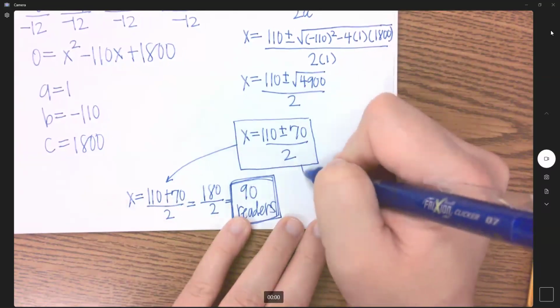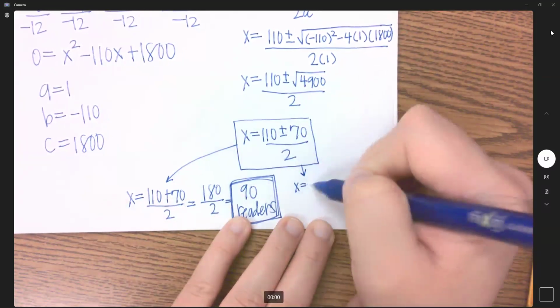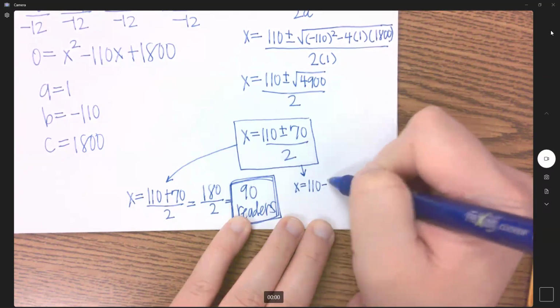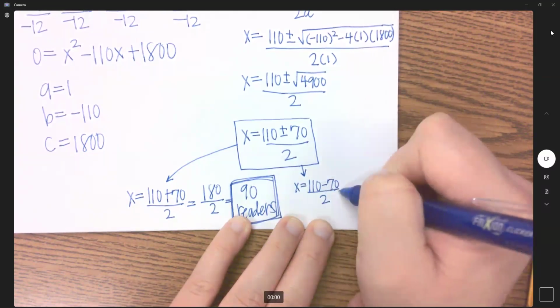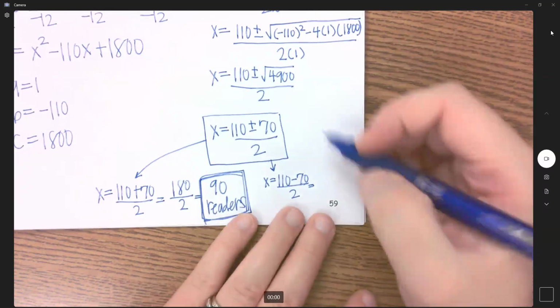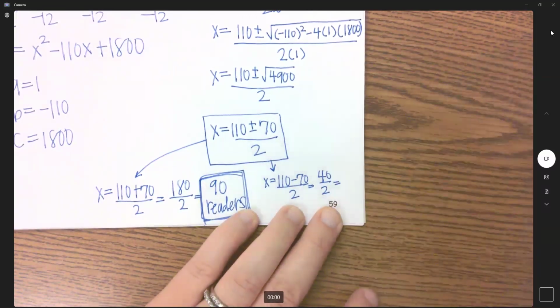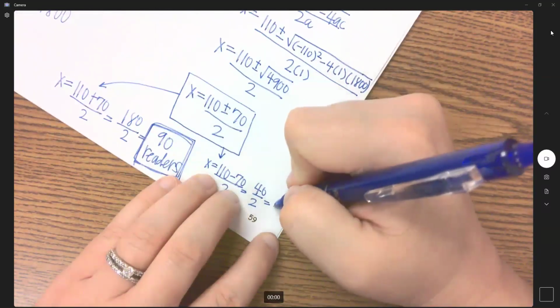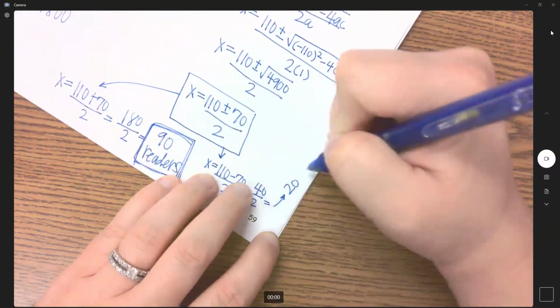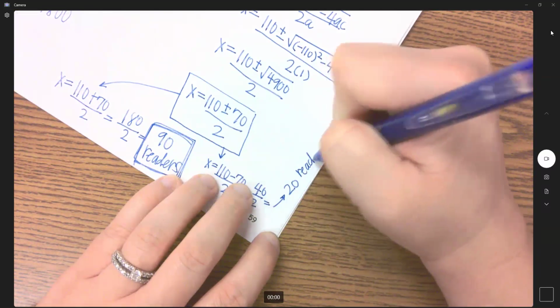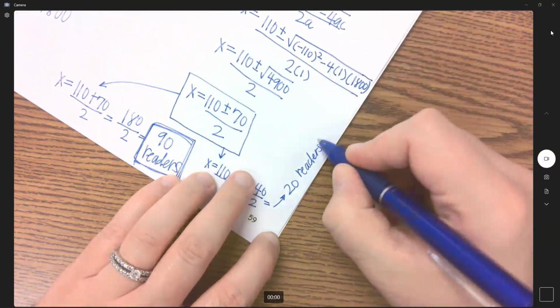Okay, or I'm going to squeeze this in here as best as I can. 110 minus 70 all over 2. So that would be 40 over 2, which will then give me 20. So 20 readers.